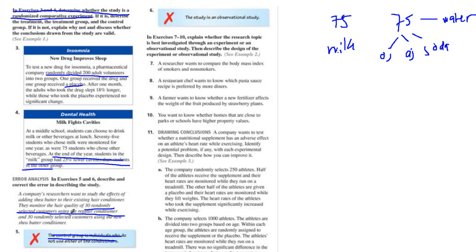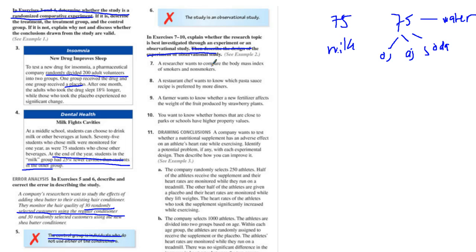Observational study as well. You can't just get the people to want to choose each pasta sauce. You can't say, you have to eat this pasta sauce, or else I'll put you in jail. No, right?